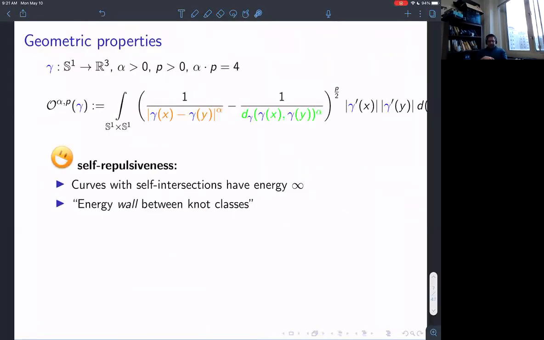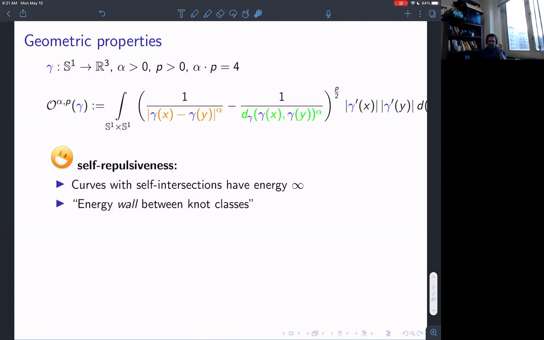And so you have something which I mentioned before, which is the self-repulsiveness. We don't like self-intersections. You can classify that in the sense that if you have a curve which is not a homeomorphism, so it has a self-intersection, then the energy will necessarily be infinity. So if you think about these knot classes, you can move around without self-intersection.